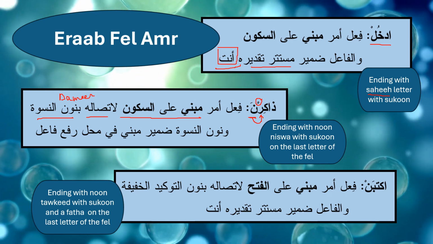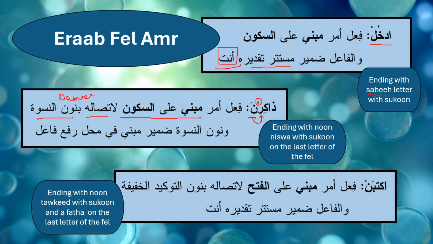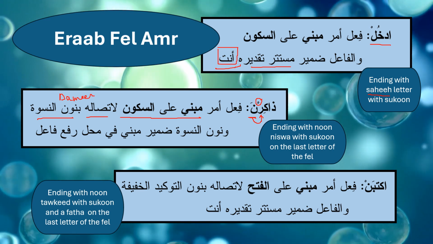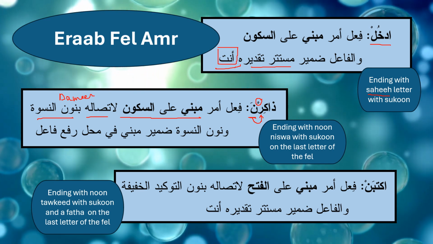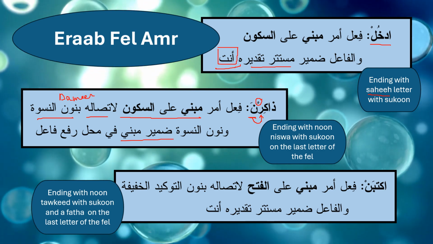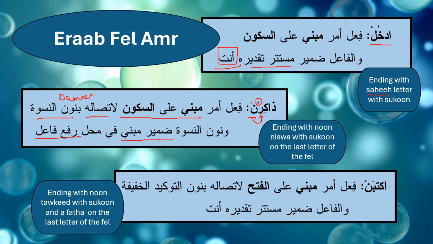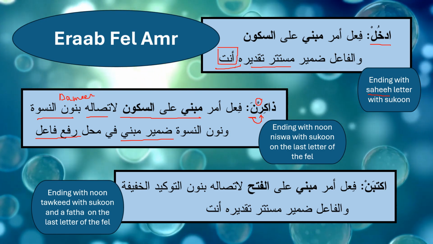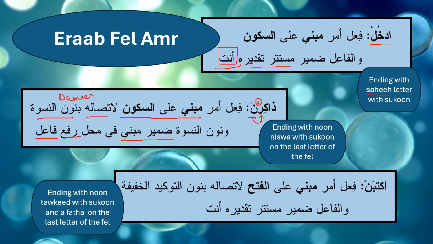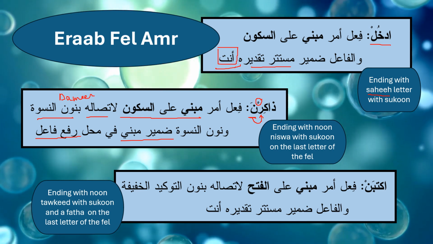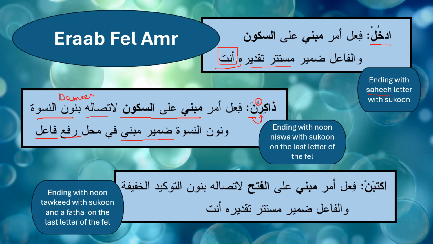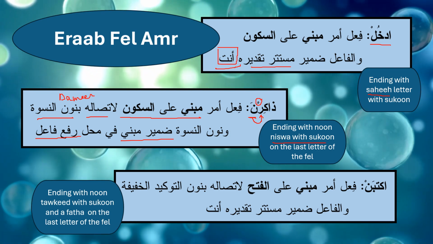It doesn't get deleted in any position in the sentence. So that's why you need to give your answer that it is joined with the noon niswa, and the noon niswa damir is mabni, and it is in the position of fail because this noon niswa is for feminine plural showing the fail. So uzkurna is a command given for the feminine plural, feminine people standing in front of you. That's how you do the Arab when there is a noon niswa with sukoon on the last letter of the fail.